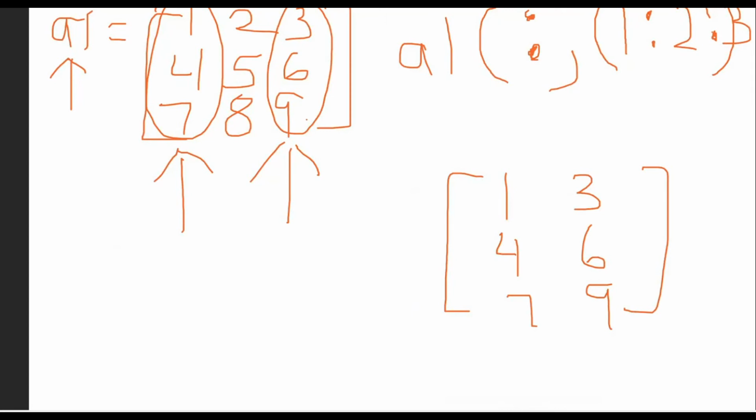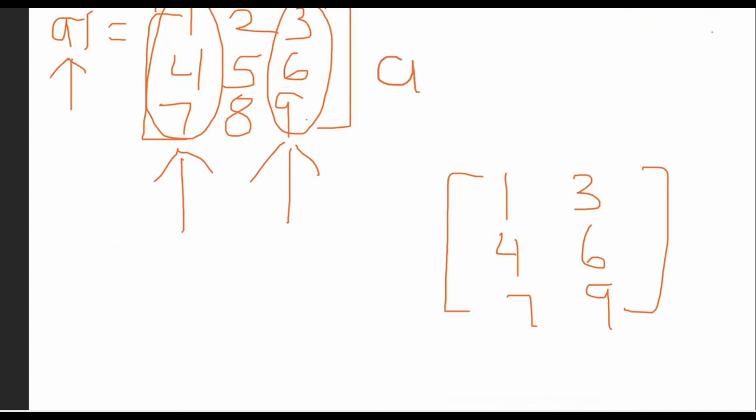Sorry, I don't know if you could see that, so let me repeat it so you understand. We want A1. We want all rows, and we want the first column.